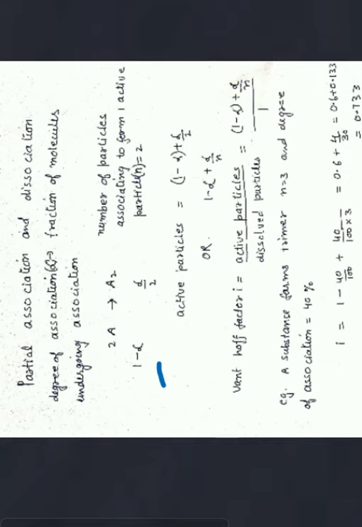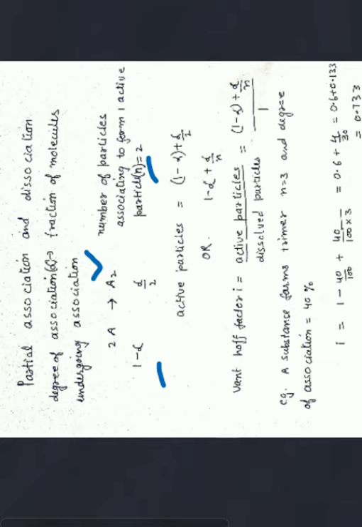Now the next important part is how many particles are collecting together to give you a single unit. In the example given, we see that on association A2 is being formed. It means two particles are joining together to give you one particle. This number of particles which are combining is represented by the term n. So in this case n is equal to 2.